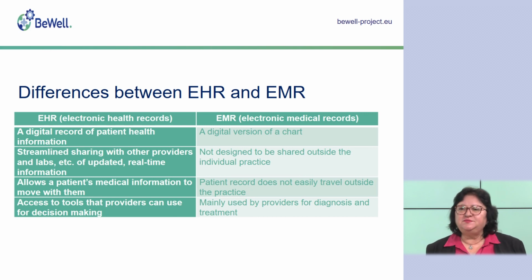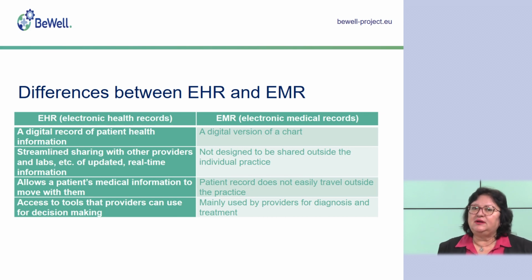Other differences between the electronic health record and the electronic medical record is that the electronic health record allows the patient's medical information to move with them. So they can carry the information from one place to another, but the information is with the patient.